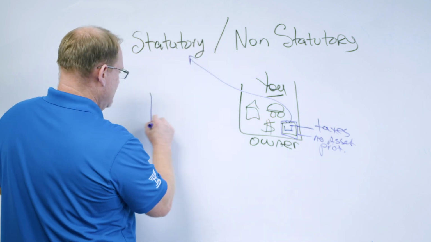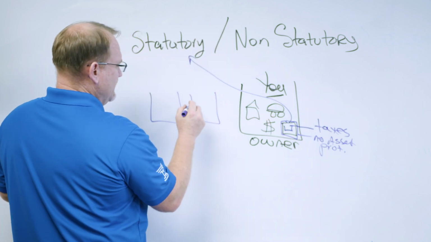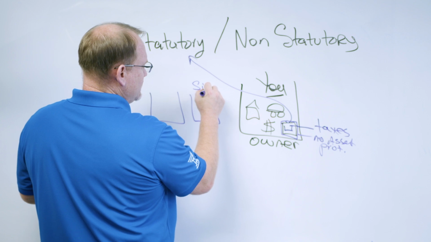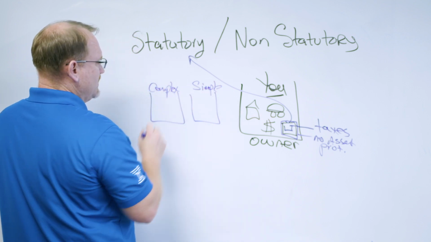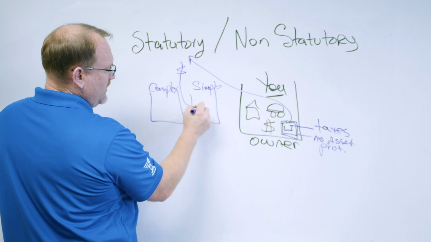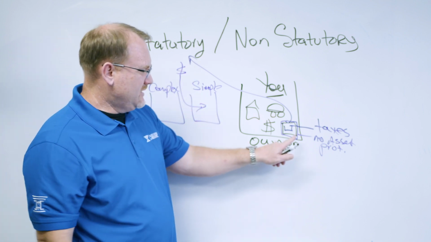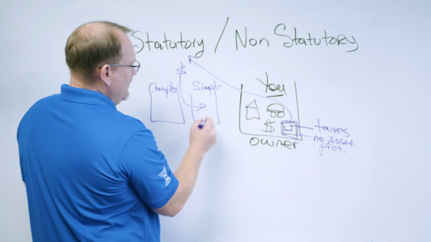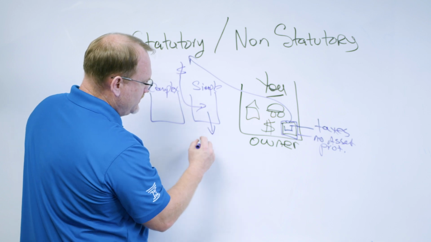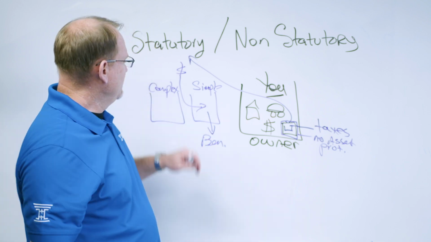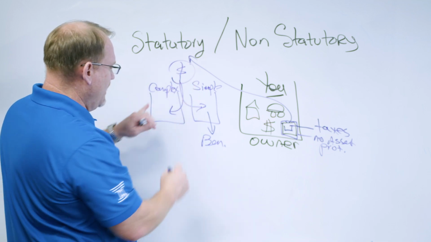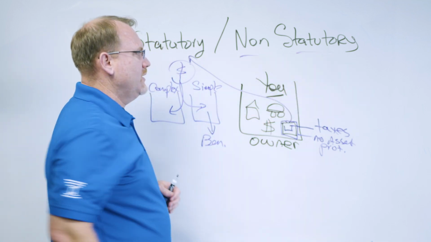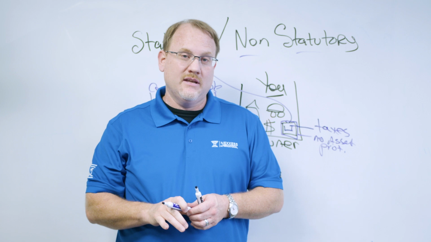So watch this. Here's two different trusts. Let's say this trust uses the simple tax code. This trust uses the complex tax code. If money, watch this, comes into the simple trust, it's statutory, okay? It has to distribute the income to the beneficiaries. But if this money was coming into a complex trust that was non-statutory, it doesn't necessarily have to distribute that income.